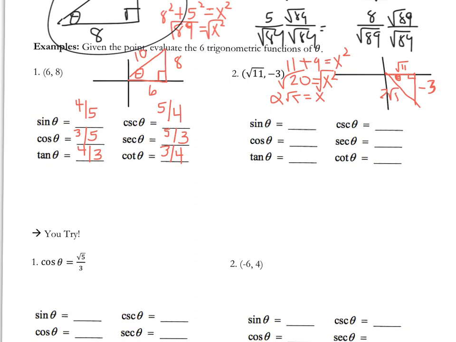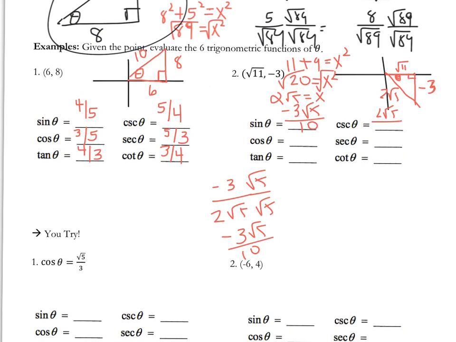So if I go ahead, I'm going to do opposite, -3 over 2 rad 5. So rad 5 over rad 5. So I have -3 rad 5 over 10. Cosecant is the hypotenuse, so 2 rad 5 over opposite, which is -3.